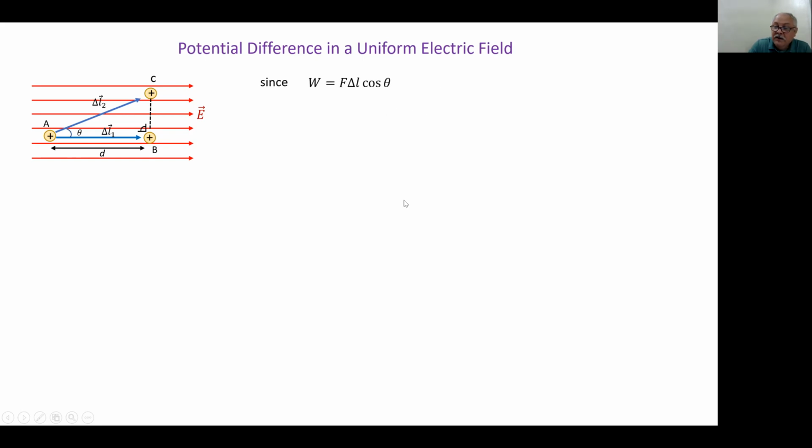One more time, we define work equals F delta L cosine theta. And we've also defined the voltage as equal to negative work done from A to B divided by the charge. Let's see what happens for case one, when we are going from A to B. Let's use the definition.